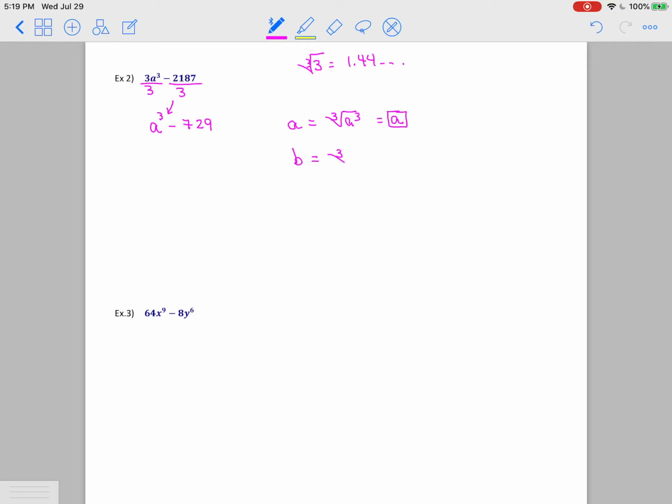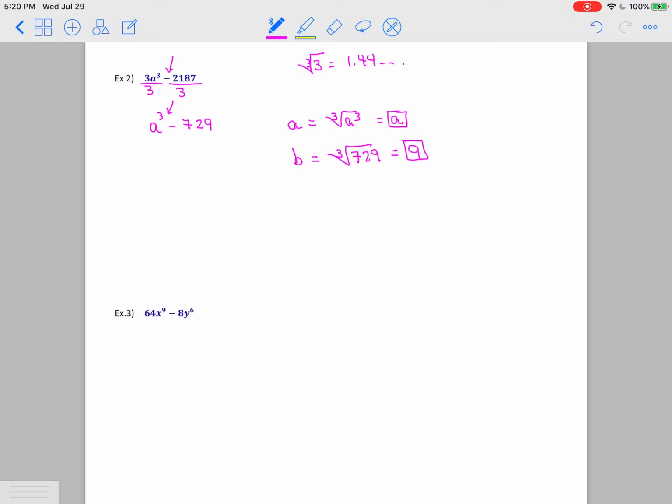All right, now our B is going to be the cube root of 729. Okay, if you guys plug that into your calculator, we would find out that the cube root of 729 is 9. So that tells us that 729 was definitely a perfect cube. So we're in business here.